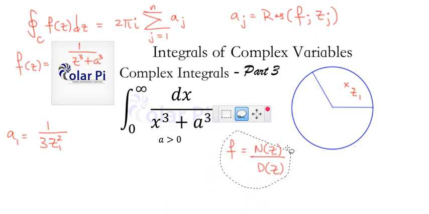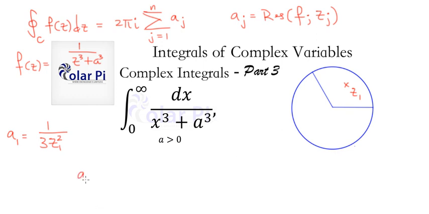All right, nice. Now a1 is going to equal, well, we need to figure out what this z1 is. Since it comes from the zeros of this function, it's where z cubed plus a cubed equals 0. We said that there are 3 of them, and we only care about this first one. This first one is z1 equals a e to the i pi over 3. You can do that more carefully if you'd like.